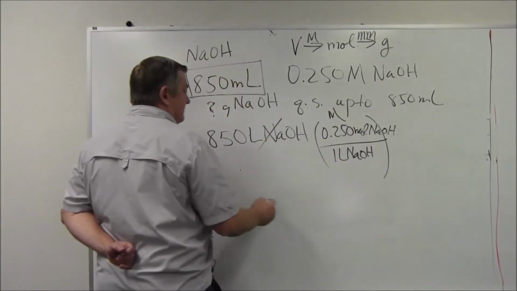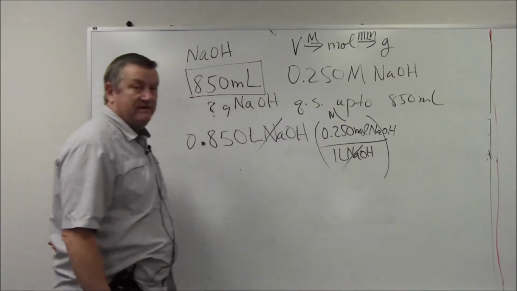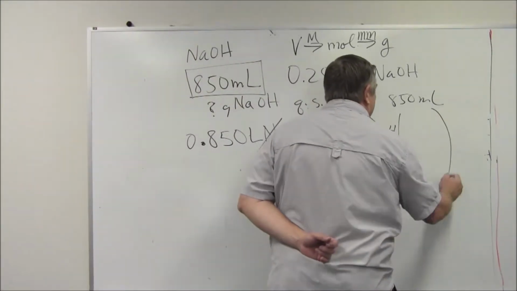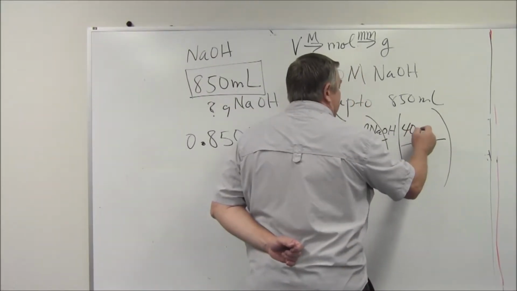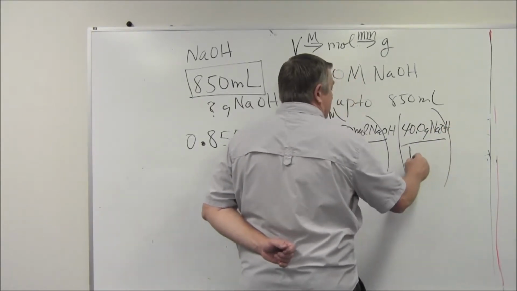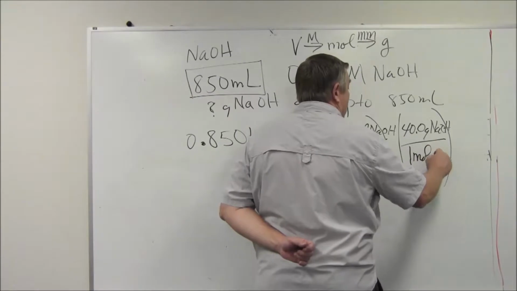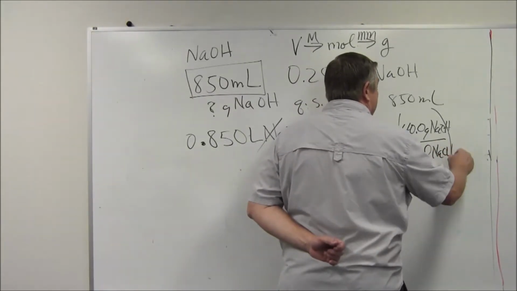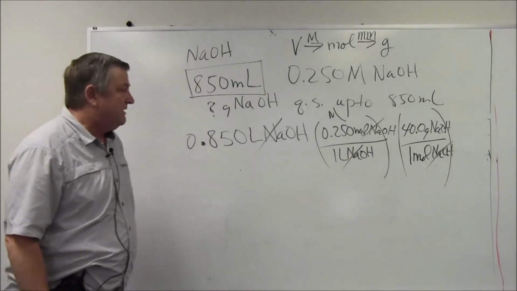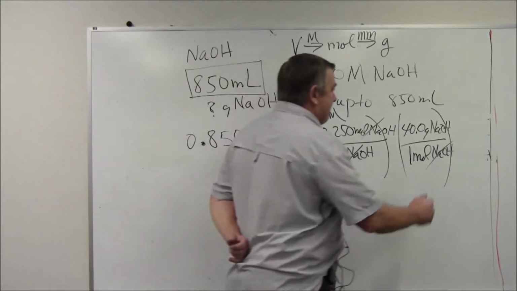And so now I canceled the liters and I'm in moles. Oh, and then to get to grams is easy. We've done that a lot. There's 40 grams of sodium hydroxide per 1 mole of sodium hydroxide. And that's the vertical tally we just did a few minutes ago. So now we're in grams.